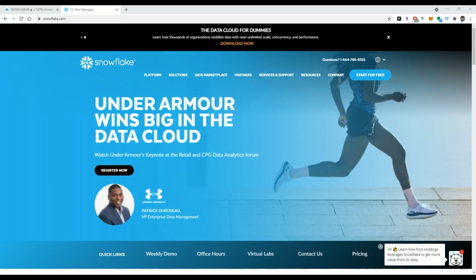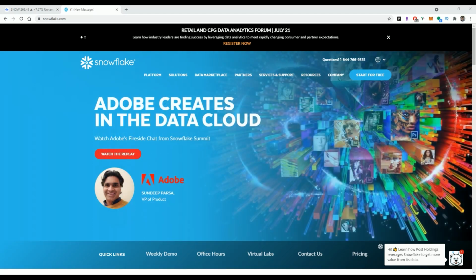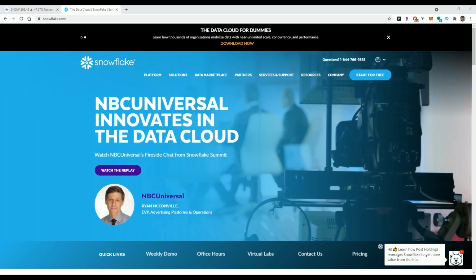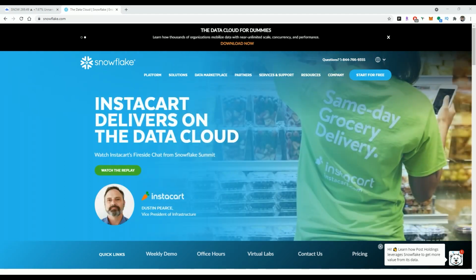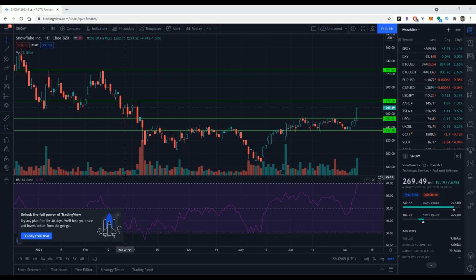Snowflake is one of the bigger companies in the space, and it's one of the go-to softwares for a lot of companies when they're trying to integrate a dashboard or some sort of business intelligence tool with their data. Alright, so with that being said, let's jump right into Snowflake.